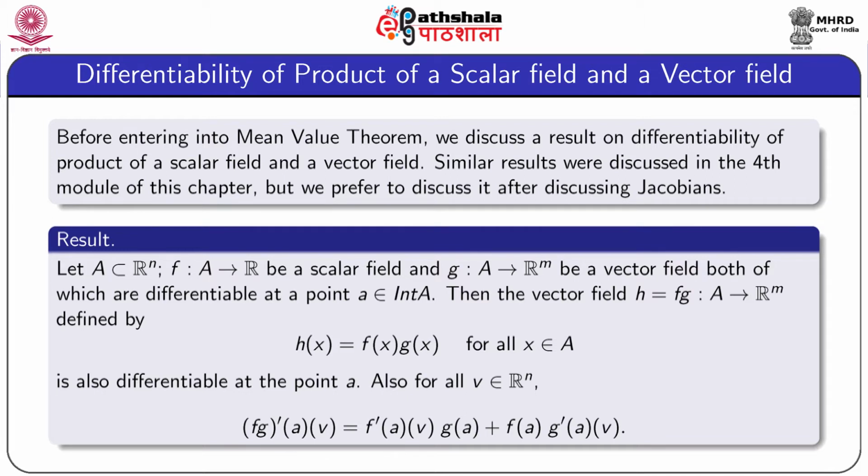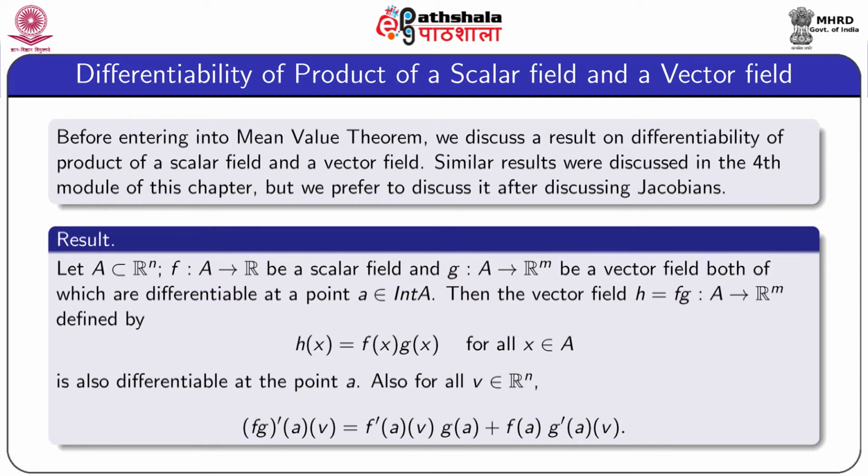For every x in A, H(x) equals f(x) g(x). Now, f(x) is a scalar, that is a real number, and g(x) is a vector in Rm. So, f(x) g(x) is a scalar multiple of a vector in Rm by a scalar. So, H is well defined. We claim that H is also differentiable at the point a.